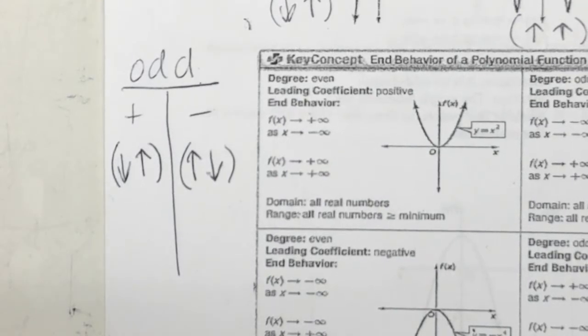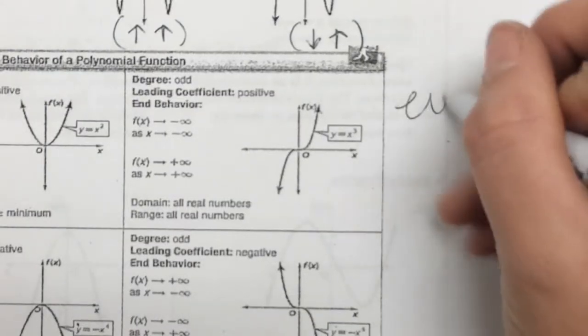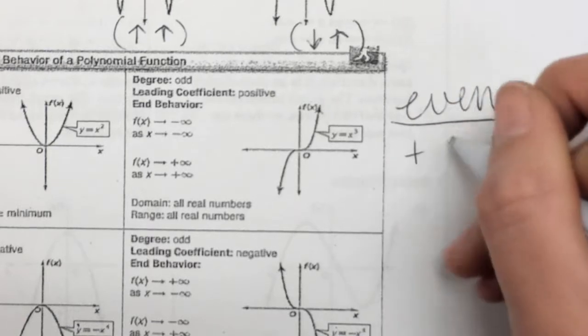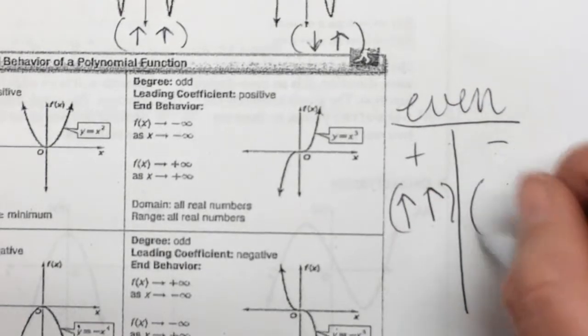So the odd's pretty much the hardest to remember. But if you can remember that silly song, if it's positive, you start from the bottom. And now even, I'm going to write it on this side. It's easy to remember. If it's positive, they're both going to go up, up. If it's negative, they're both going to go down, down.